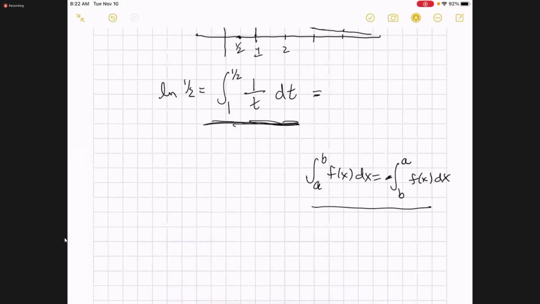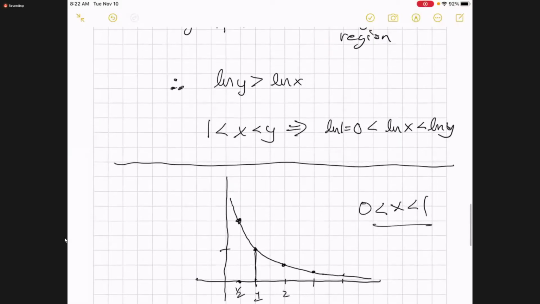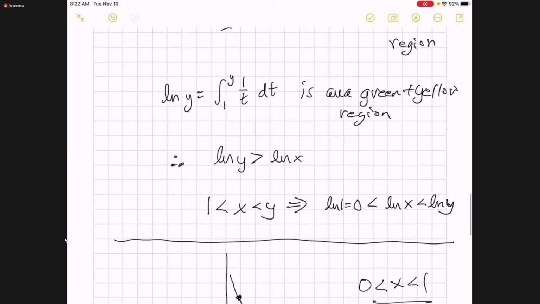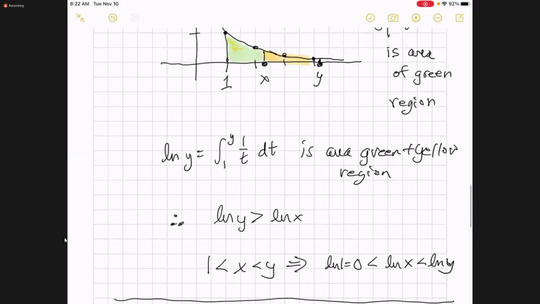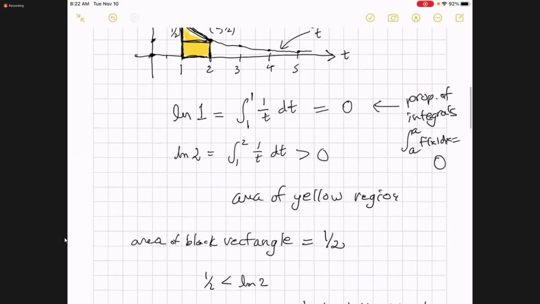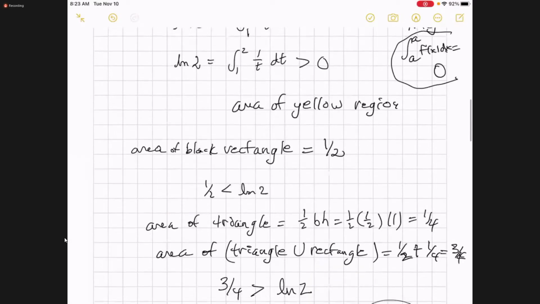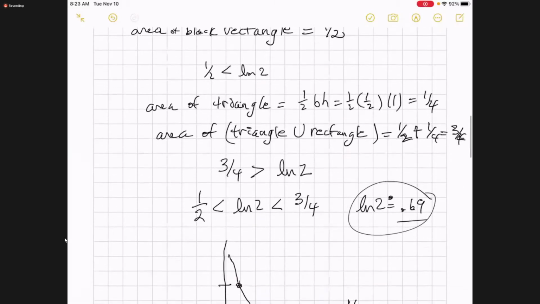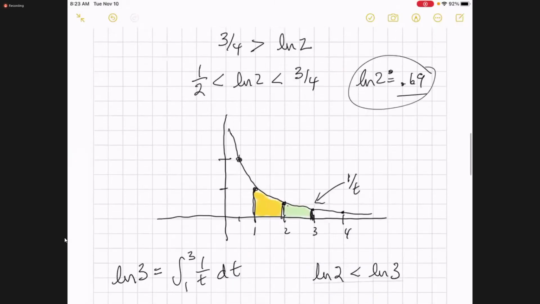Again, I'm using a property of integrals. All those properties, we talked about them, and then it's kind of easy to forget. But you can always come back to them. Once it's a property, it's forever and for everything.